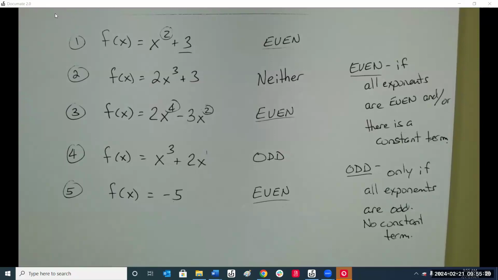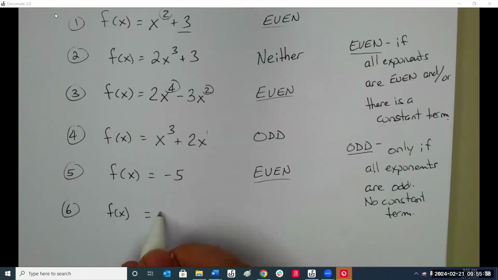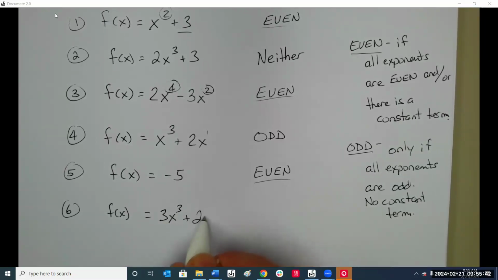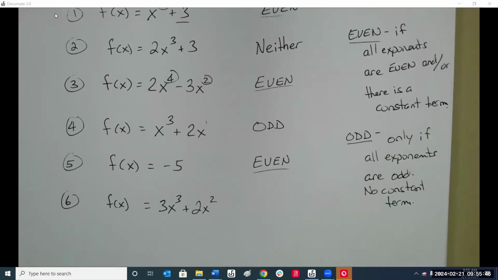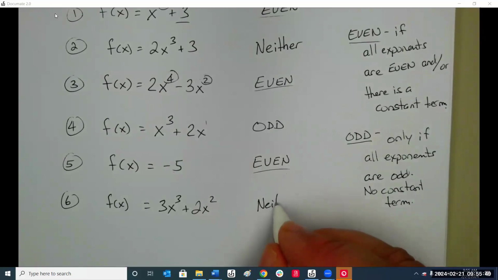Actually, there's supposed to be one more we're supposed to do. But if we had 3x cubed plus 2x squared, this would be a neither also. I'll prove it to you in a second.